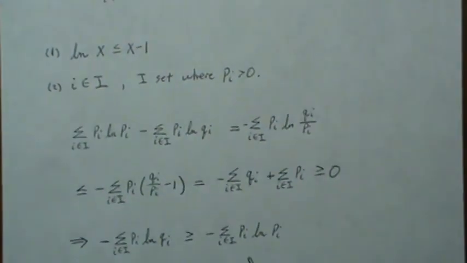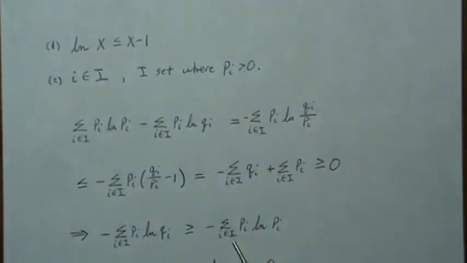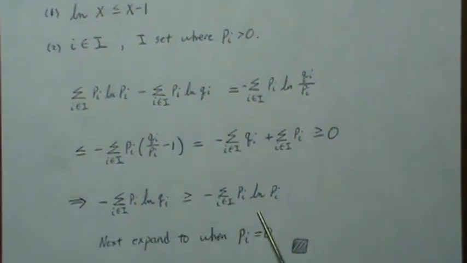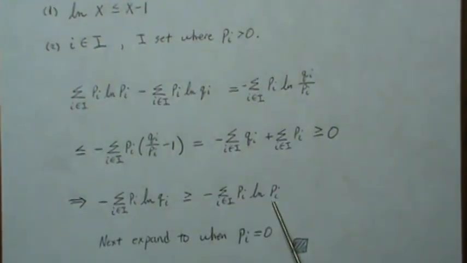Okay, but it's a little tricky because we only looked at the set where i is in capital I. Capital I made the p_i's positive. Okay, so we need to expand over the other values of q_i, which may mean that these p_i's are 0. But to have a p_i of 0, you can't take the log of it because that's negative infinity.